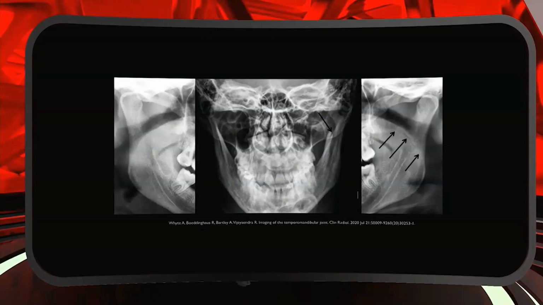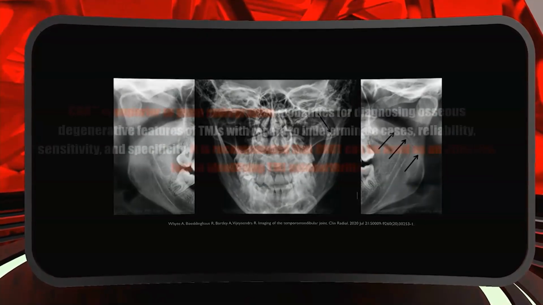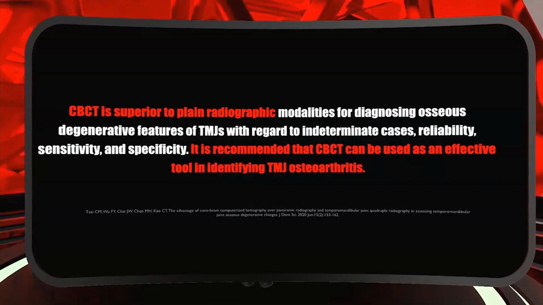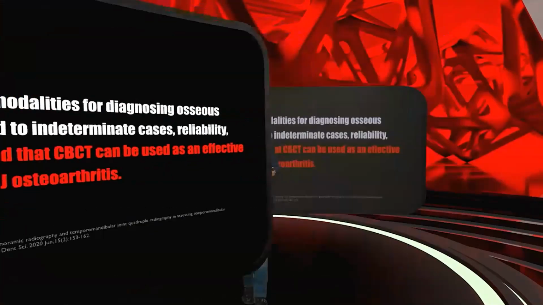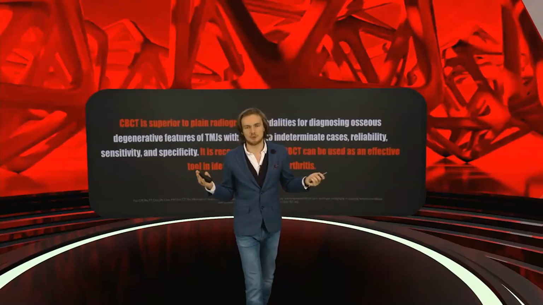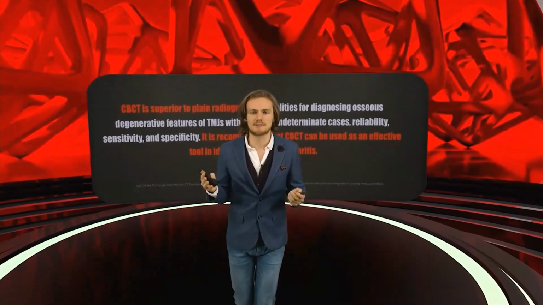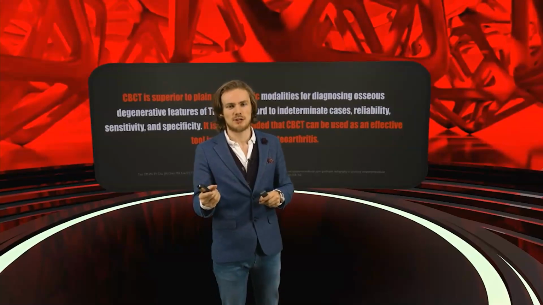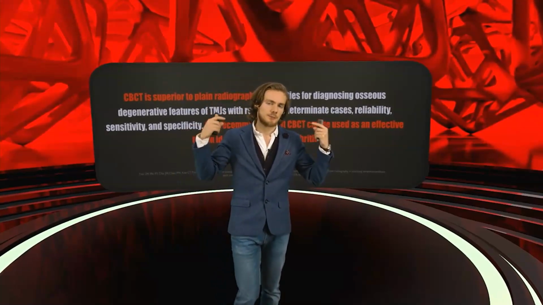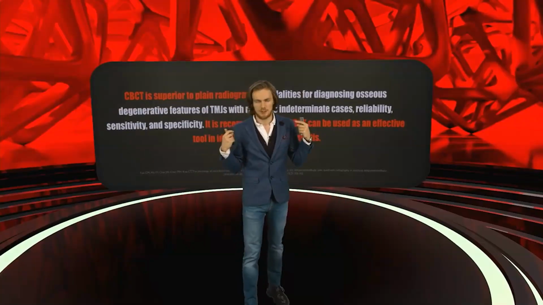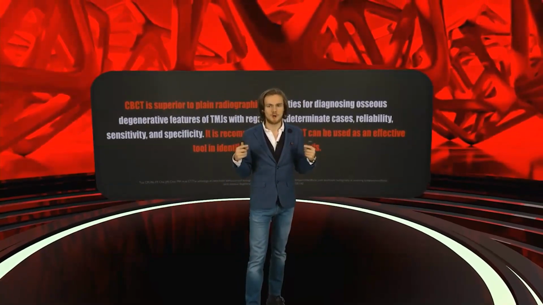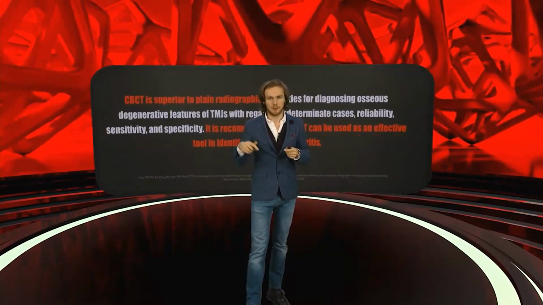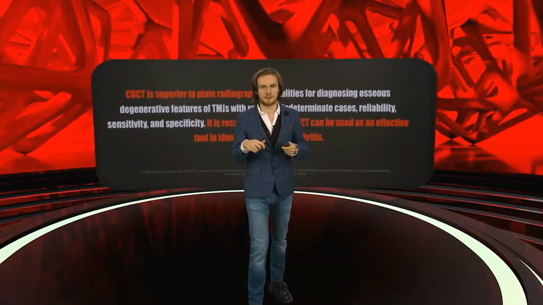There is a fracture line near the condyle. But as this study says, we can diagnose many nice things on the panoramic X-ray, like fractures and tumors. But to diagnose temporomandibular joints, CBCT is much better, and we'll discuss it later on.